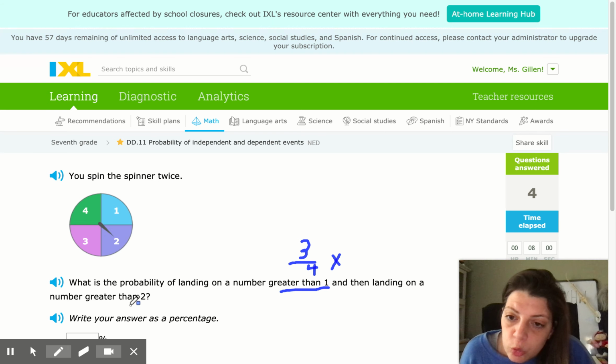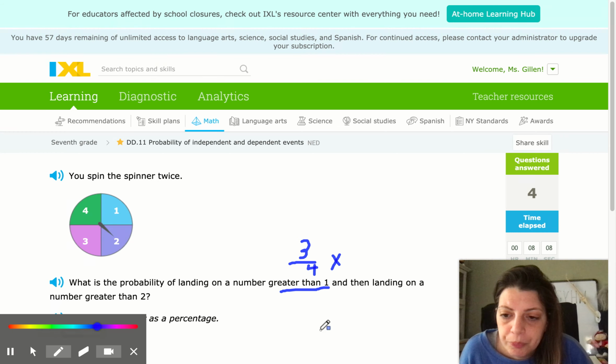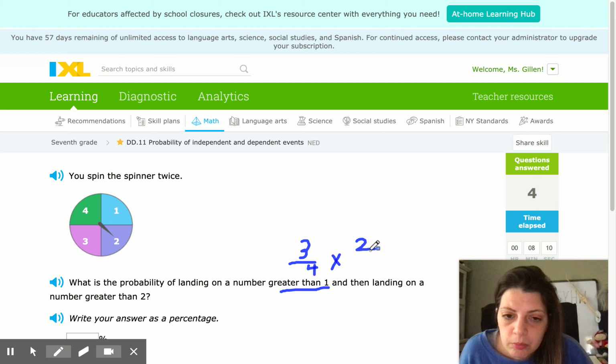Land on a number greater than 2. So 2 of them are greater than 2. Still 4. It's not like we're taking 1 away. You can multiply across and get 6 out of 16, right?